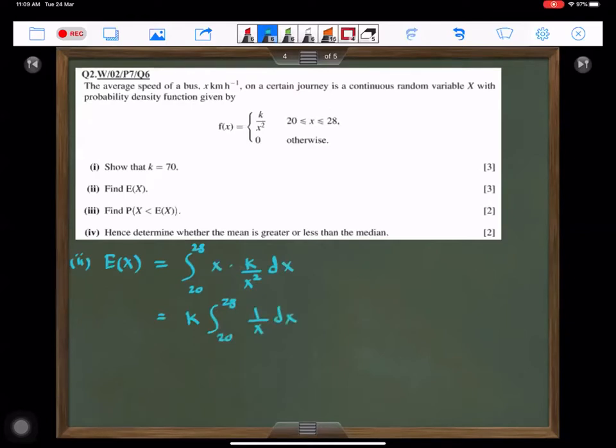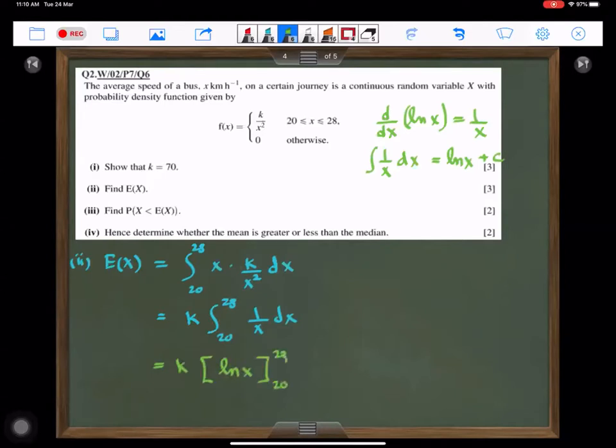Should I write this in index form? There is no need. The reason being, we know that the derivative of ln x is 1 over x. In other words, the integral of 1 over x dx equals ln x plus a constant of integration c. So therefore, this is k as it is, ln x between the limits 20 and 28. k is 70.